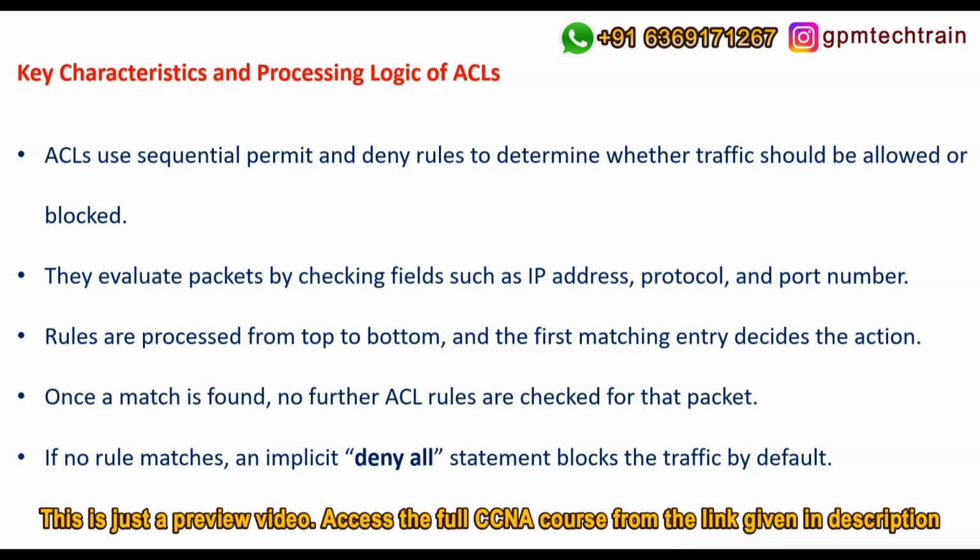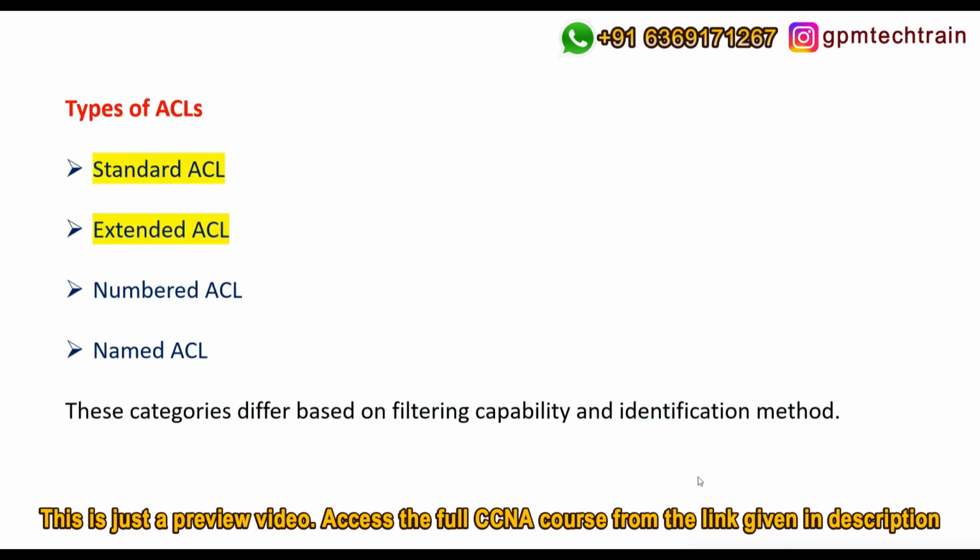If any condition matches in between, it takes the action based on that filter. If nothing matches, then at last, by default, there is an implicit deny action. That is a hidden statement, which you won't generally see, and based on it, the packet will be dropped.